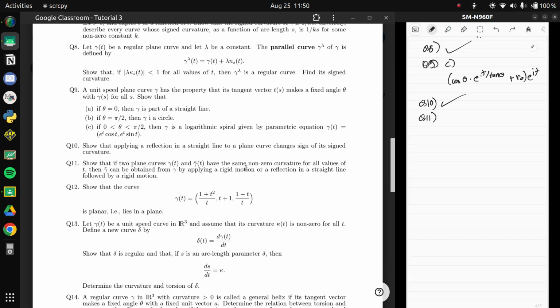Wait, what? A rigid motion, which is a rotation plus a translation, sure, or a reflection in a straight line followed by a rigid motion. So okay, that gives you all the possible symmetries of gamma of t.